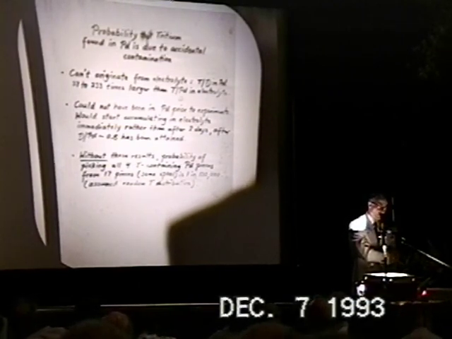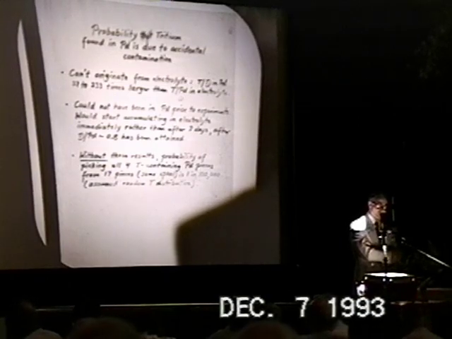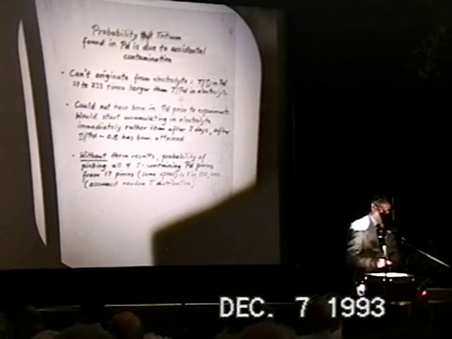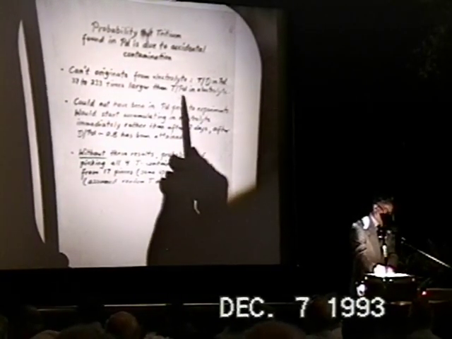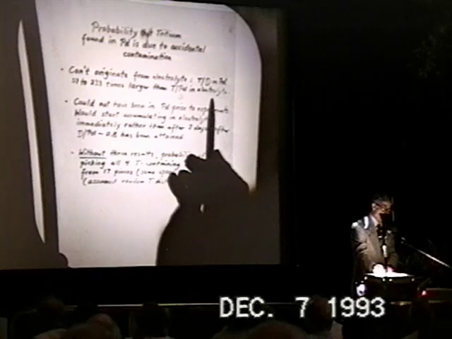We contend that the spectra that we ascribe to the presence of tritium can't have originated from the electrolyte in the first place, because if this were so, then we could not understand why the tritium to deuterium ratio of the palladium is 230 and 233 times larger than the tritium to deuterium ratio in the electrolyte.